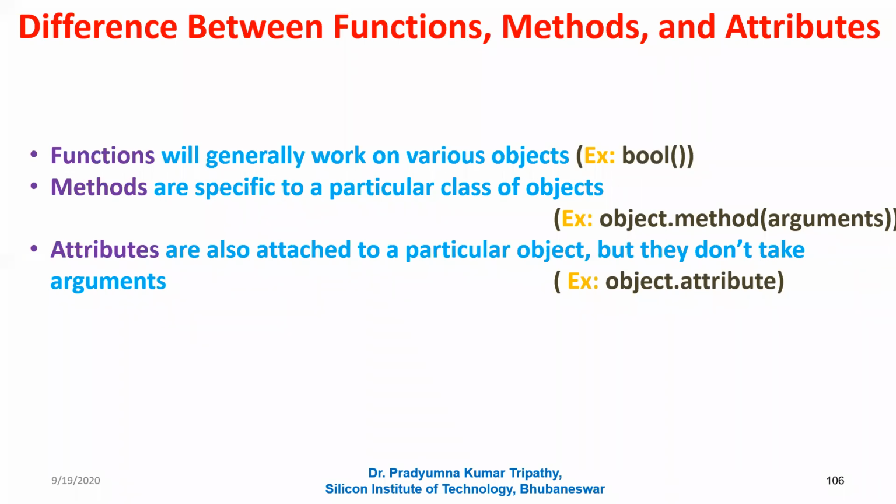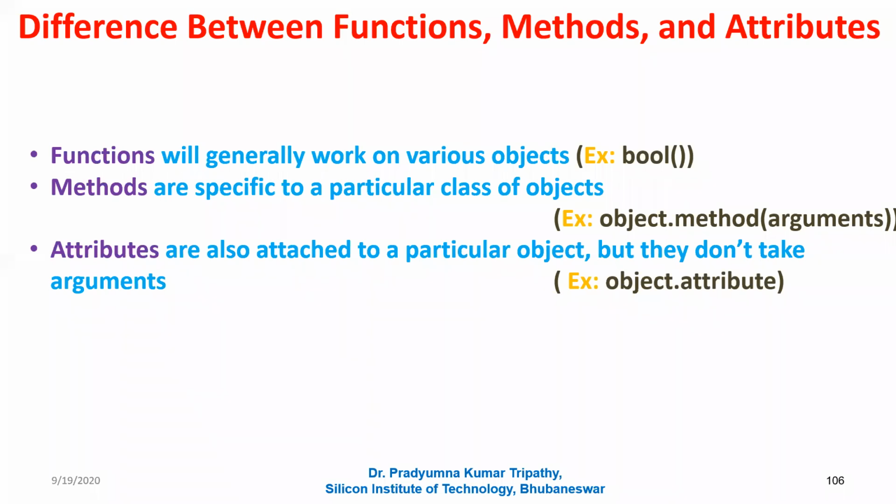If I have a student class which has getdata and display functions defined inside that class, then we'll say these are methods, because those two functions can only be invoked by using an object of the student class. But if you have a static function kind of thing, I can have a global function which can be invoked by passing any object.